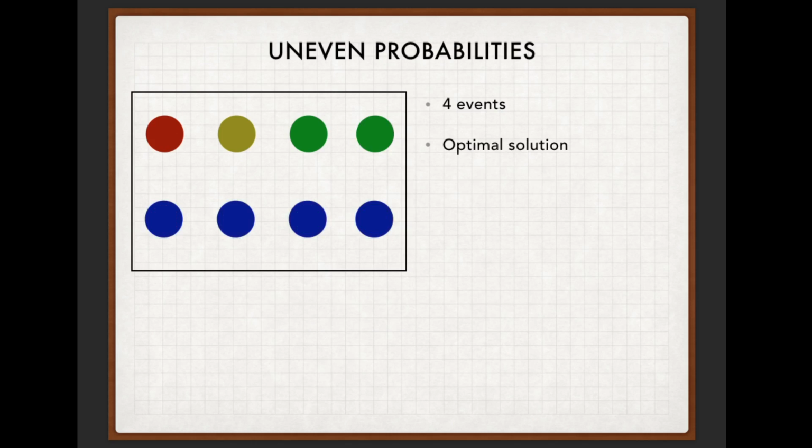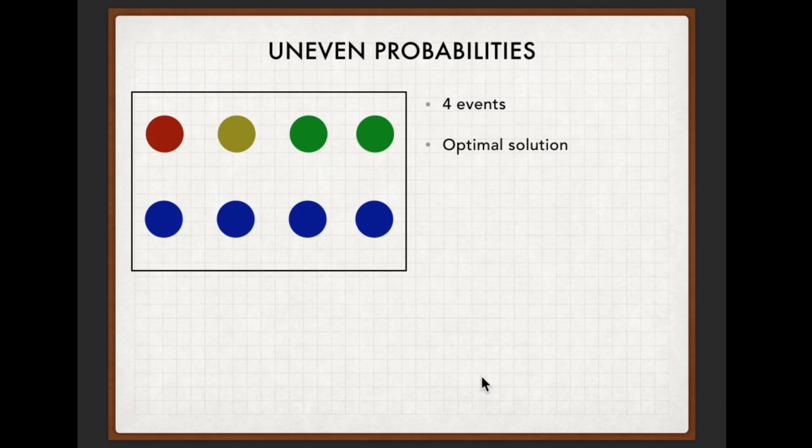Then how about uneven probabilities? In the previous examples, we considered all the outcomes to occur with even probabilities. That is called an even distribution. But what if the probabilities are not the same? Consider this system.